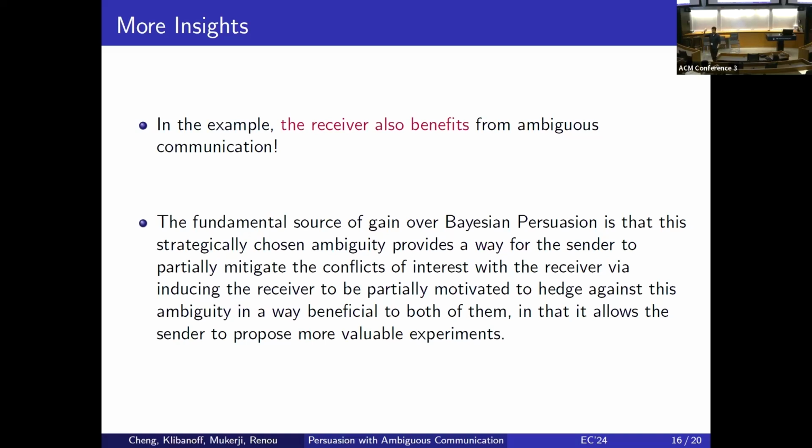But because of the introduction of ambiguity and because of the receiver's ambiguity aversion, after you recommend the same experiment, the receiver may feel that if they deviate, they're going to face more ambiguity, so they are not willing to deviate from the recommendation. So that is the main intuition we have.